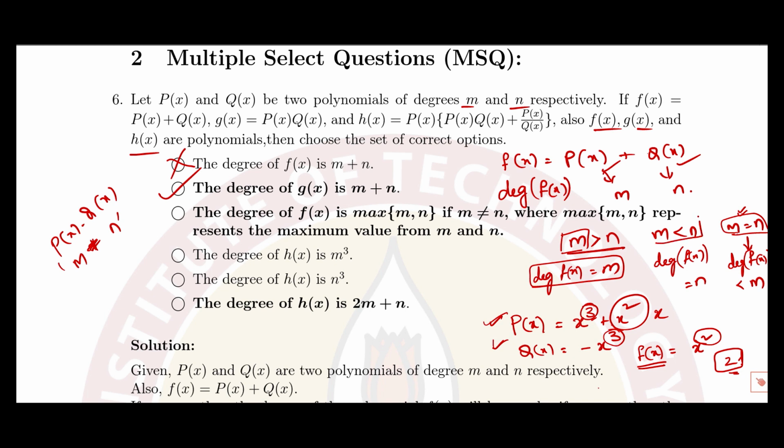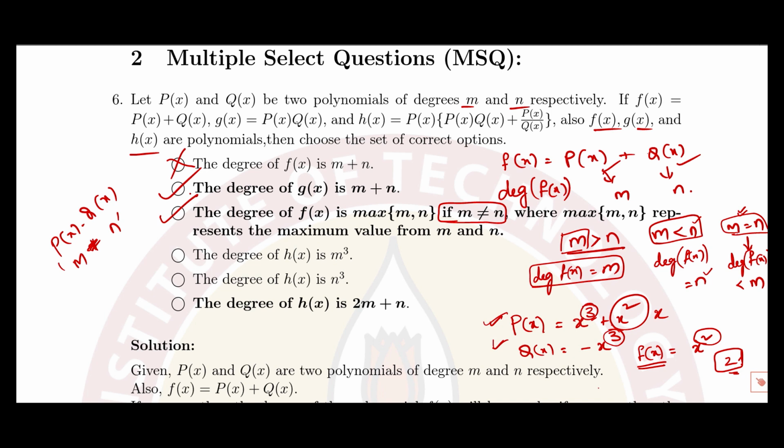If m is less than n, the max of m comma n will be n, therefore the degree of f of x will be n. So the degree of f of x is max of m comma n, dependent on the values of m and n. Also we have been given the condition m not equal to n. So option 3 will be correct.